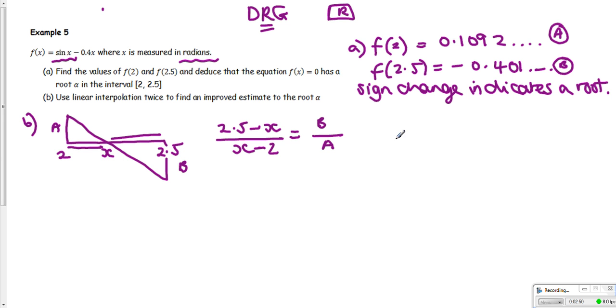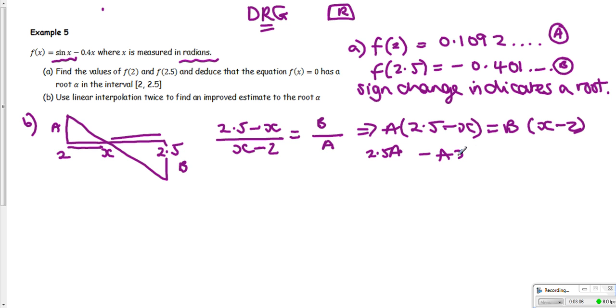Now if we do the algebra, cross multiplying, we get A multiplied by 2.5 minus X is equal to B multiplied by X minus 2. So A times 2.5 minus A times X equals BX minus 2B. Again, get all the X's on one side.